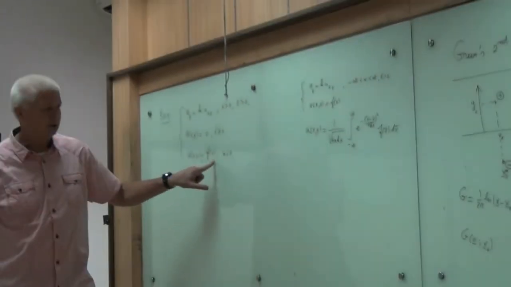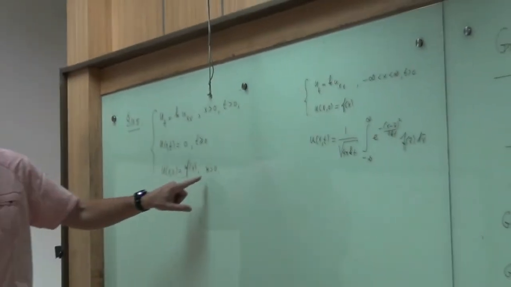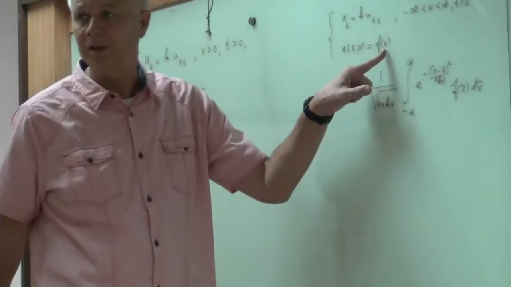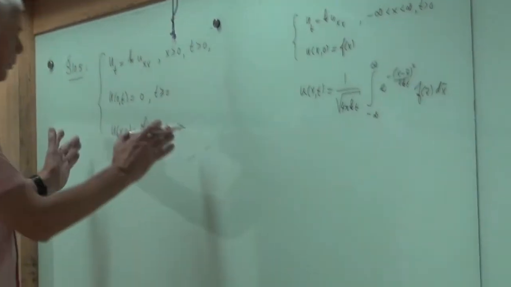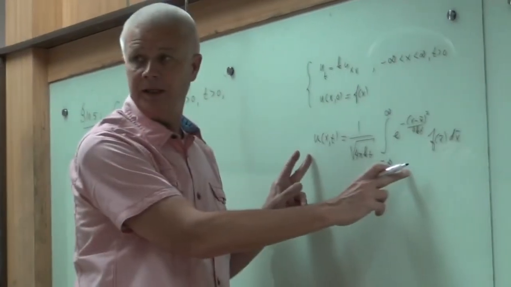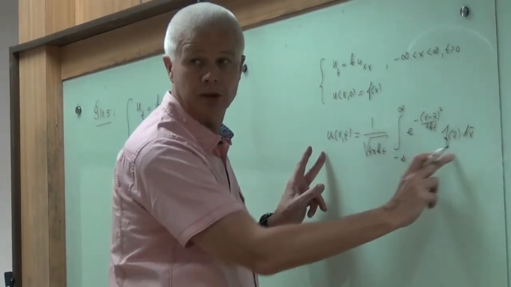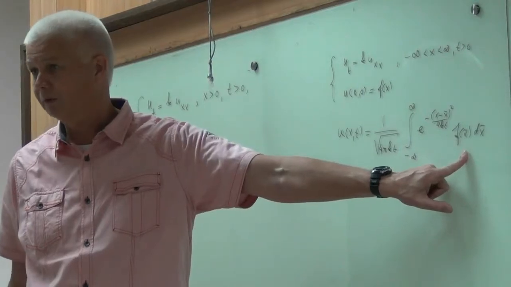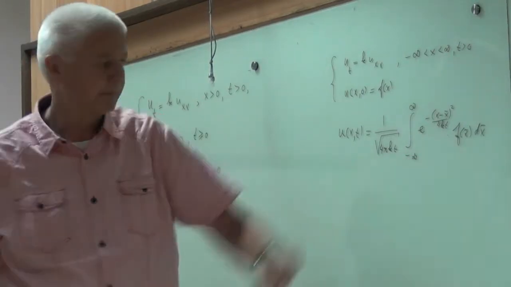But if I look at this problem, f(x) is only defined for x positive. Whereas here, f is defined on the complete interval. So if I look at this problem and I use this integral, then it satisfies the PDE and the initial conditions, but there is still something which is not defined. That is f for negative arguments. Yeah, you all agree?